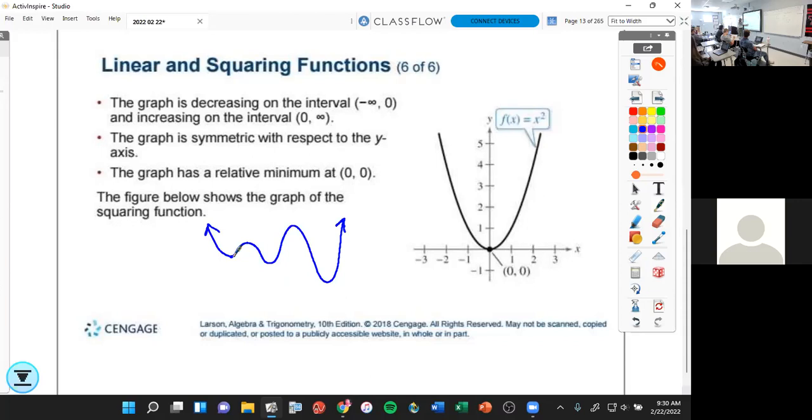So this point right here is a relative minimum. This point right here is also a relative minimum because the points on both sides of it are higher. And this last point is also a relative minimum because the points on both sides of it are higher. However, how is this low point different from the other two low points? This is the absolute lowest, right?